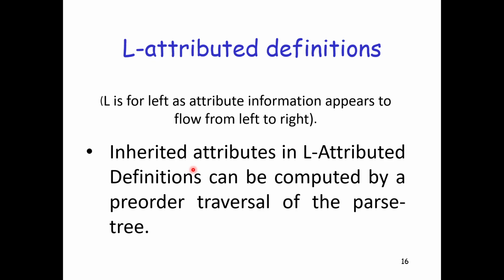So when the parse tree contains nodes which have inherited attributes, in that case the L attributed definition is a good option. Inherited attributes in an L attributed definition can be computed by a pre-order traversal of the parse tree.